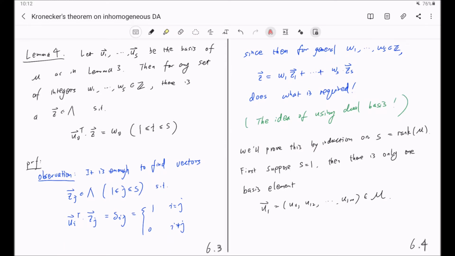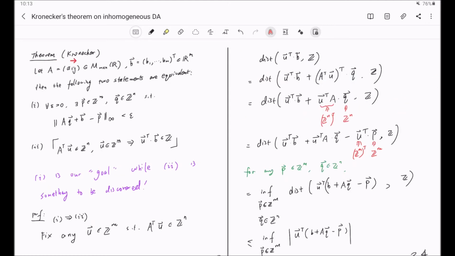Okay, now let's take a look at our lemma 3 and lemma 4 again. And I know that you may wonder why we introduced the spaces U1 through US. And in particular, what role will U1 through US play in our proof of Kronecker's theorem?